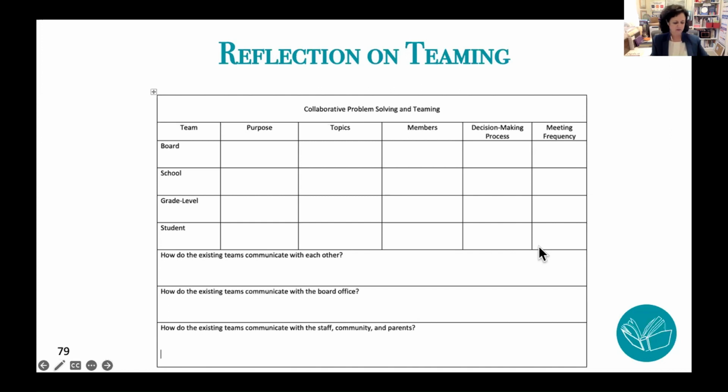So this would be something in the beginning stages of implementing MTSS that you would want to get a handle on. One of the very first things that I would encourage you to do is get these teams in place, give them their charge, get them up and running.